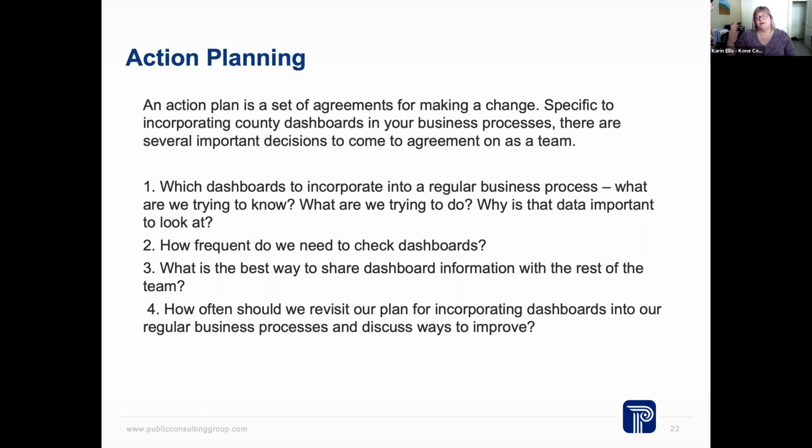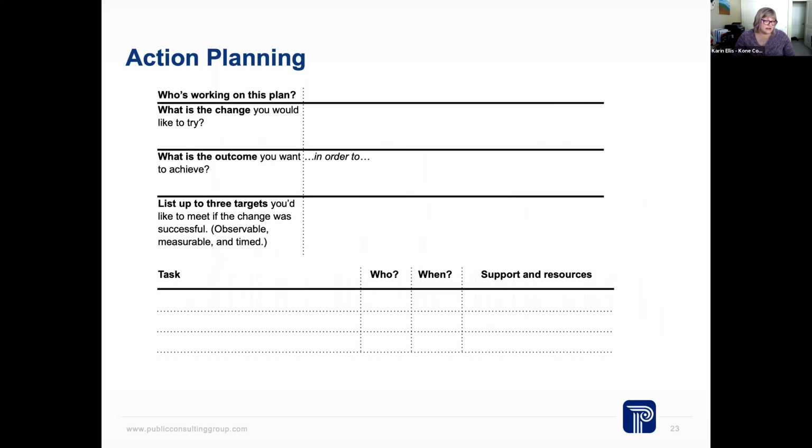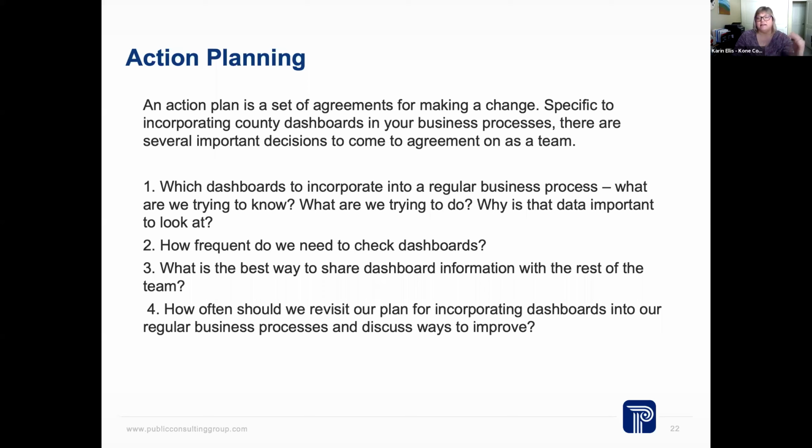It's really about revisiting what you've implemented and having a conversation with folks to see if it has been making any bit of a difference. There's a slide coming up on the PDSA cycle, so we'll get to that. But the idea is that you're going to be revisiting your action plan and making some changes and discussing what's improved or maybe what's not improved. So think about this from a cyclical perspective.